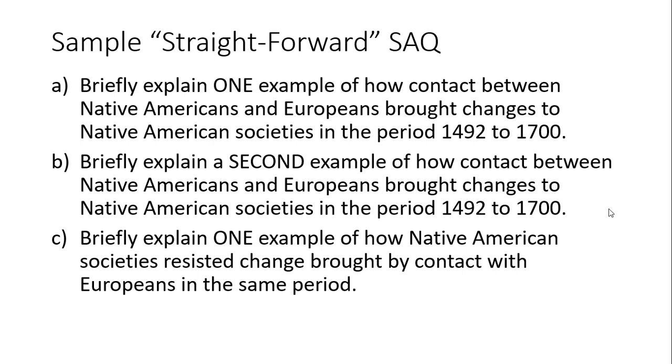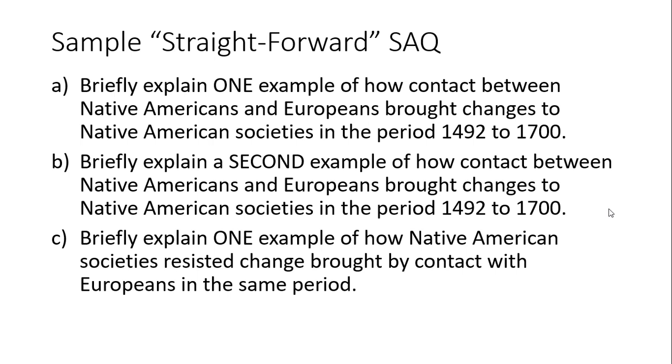So in part A, it asks you to briefly explain one example of how contact between Native Americans and Europeans brought changes to Native American society in the period 1492 to 1700. First of all, this is a good example of a causation short answer question. So we'll use this to kind of give you a feel for what these look like.